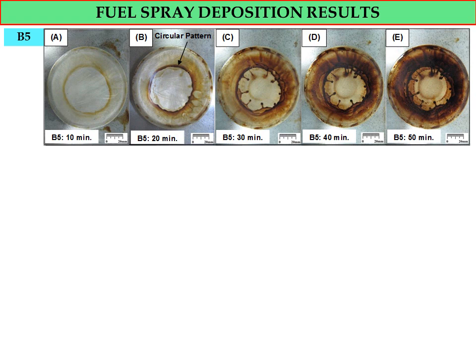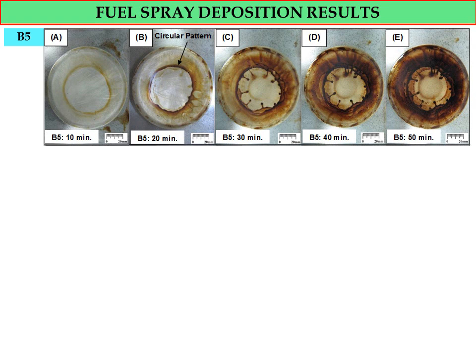However, for photo C until photo E for B5, we can see an increase in the formation of black color deposit on the hot surface, and we have a droplet flow like pattern of deposit on the hot plate.